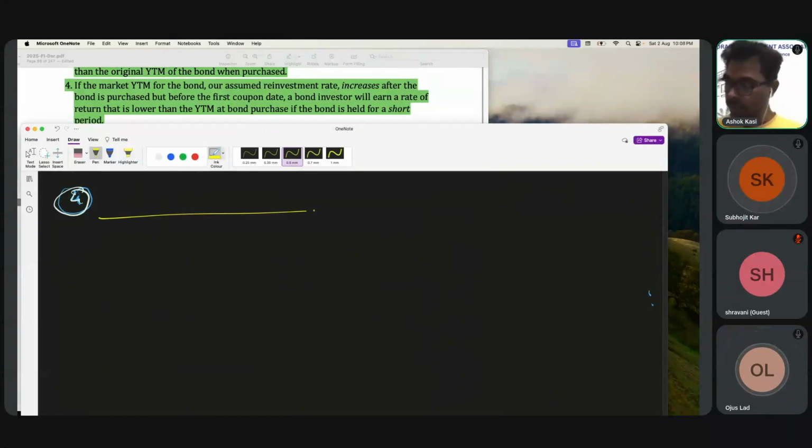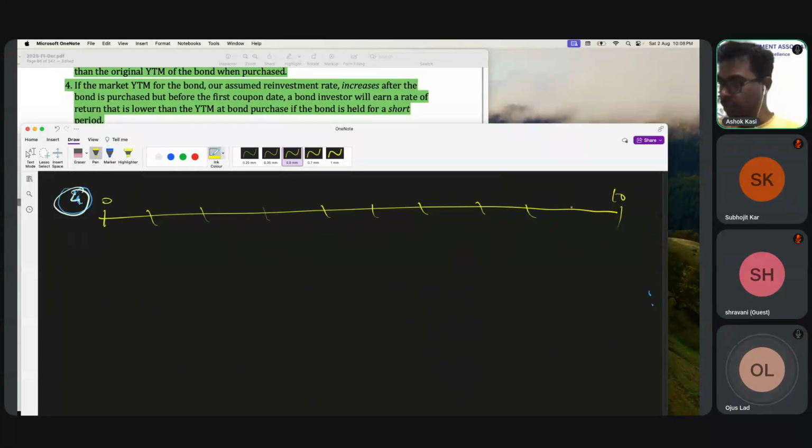See here, this is a 10-year bond, okay? So 1, 2, 3, 4, 5, 6, 7, 8, 9, 10.